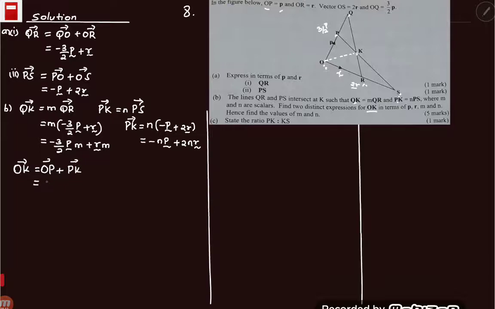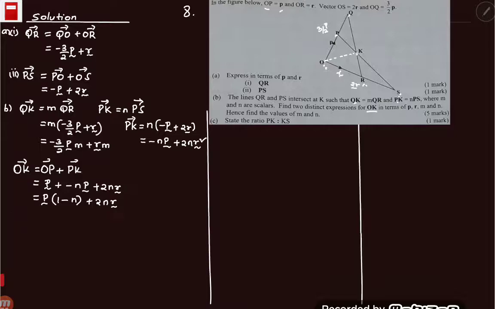So this is equal to P plus the value of PK, which we have gotten here as negative NP plus 2NR. Factoring out the common vector, we have P into brackets 1 minus N plus 2NR.